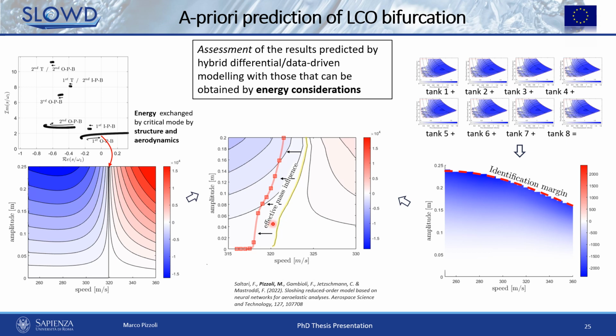And this should coincide with the bifurcation diagram obtained from the gust responses. This is not the case here, although this happens if the contribution of the sloshing effective mass fraction is also considered in the formulation.